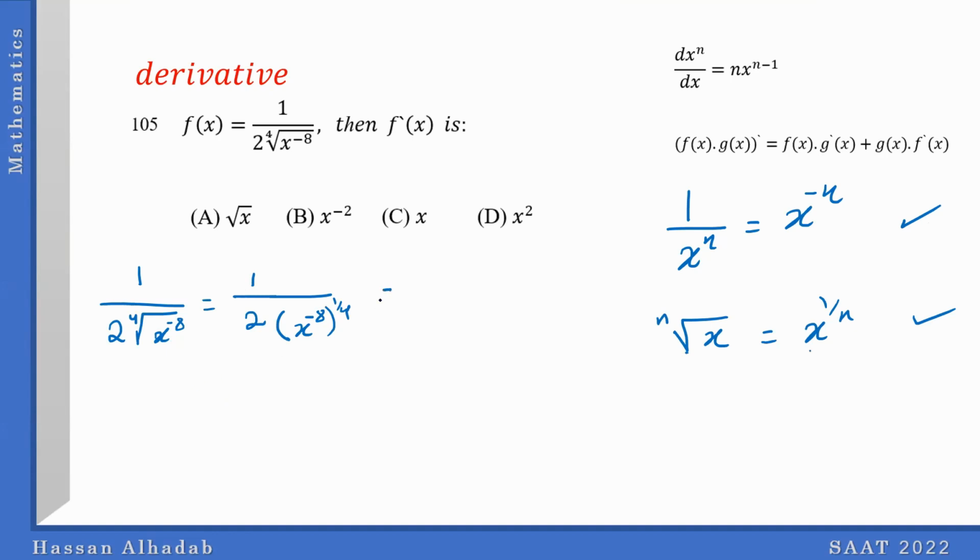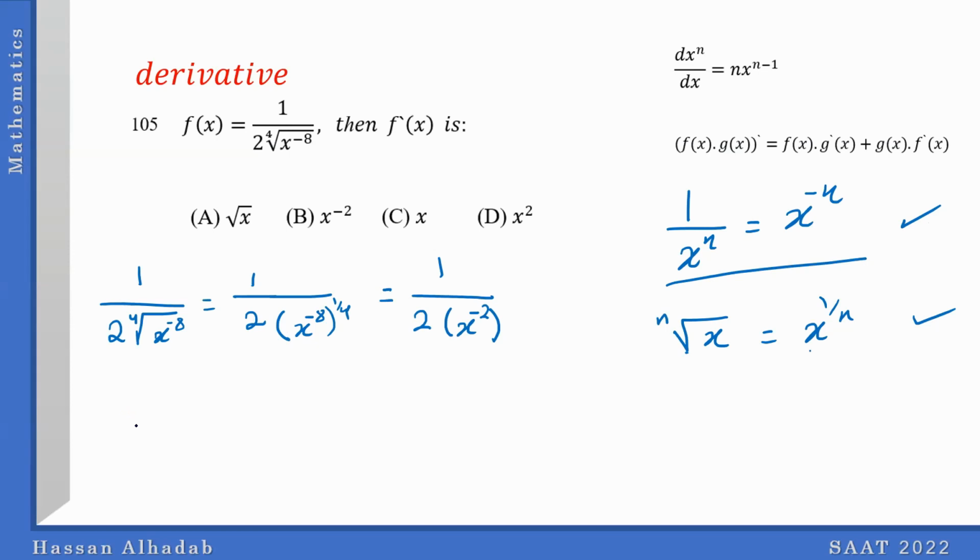Now I can use power of a power. So what's the product? Power of a power, this is going to be x to the what? Negative 2, isn't it? Because it's a power to a power. Now I can use the first rule here.